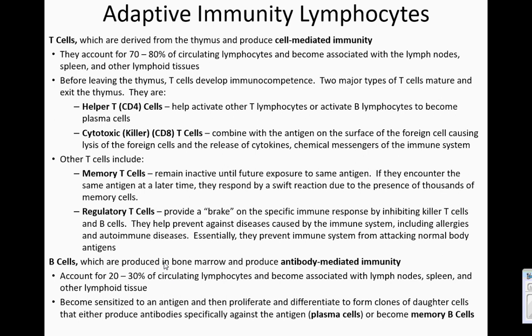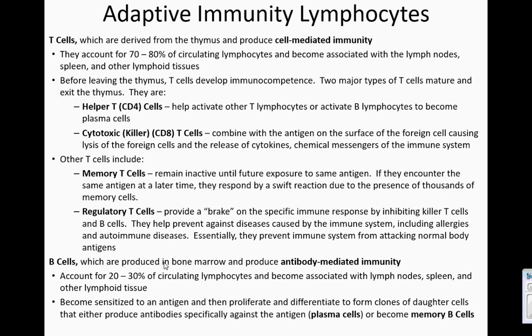If they encounter the same antigen at a later time, they're going to respond quickly due to the presence of thousands of them. And regulatory T cells provide a brake on the specific immune response by inhibiting killer T cells and B cells, preventing diseases caused by the immune system like allergies and autoimmune diseases. Essentially, they prevent the immune system from going haywire and attacking itself.